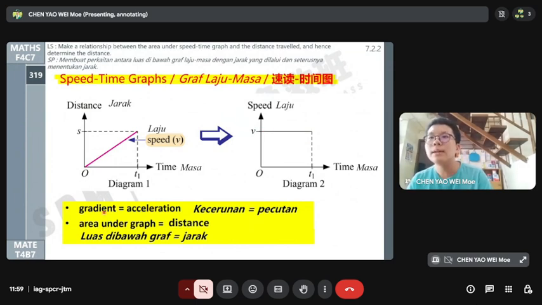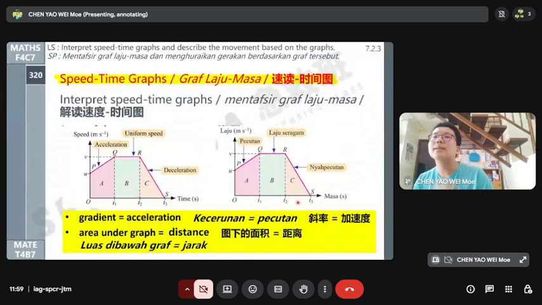Okay, gradient equals acceleration, and also the area under the graph we call the distance. The area under the graph we call the distance. What happened? Because speed times time. Laju dikalikan dengan masa sama dengan jarak. Okay, DST. Sentiasa ingat DST. Interpret speed time graphs.